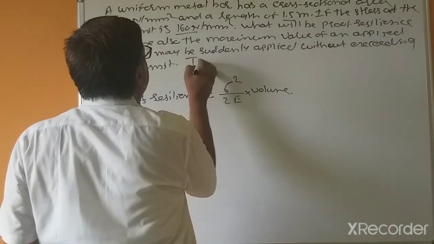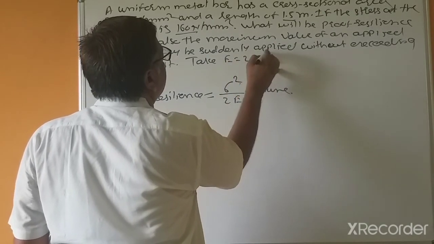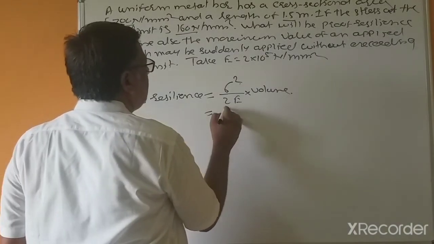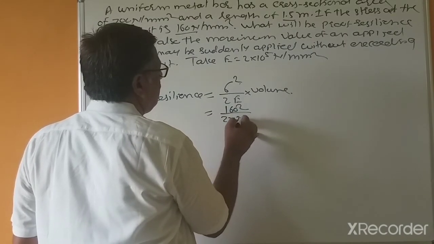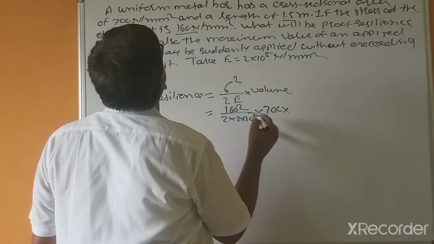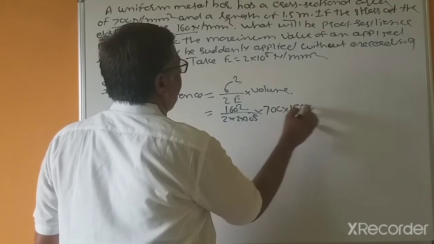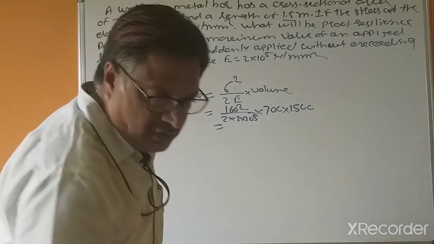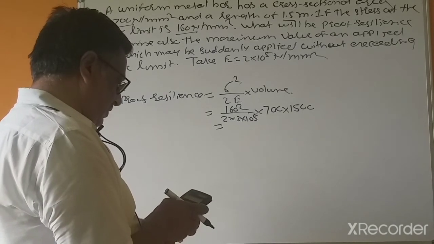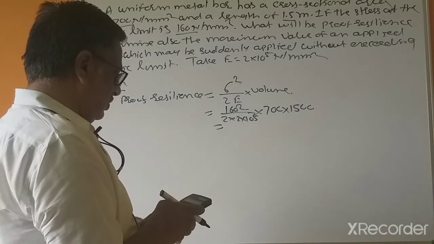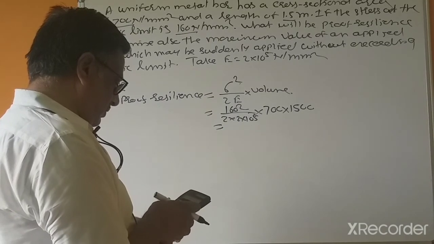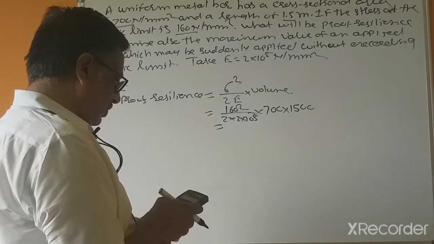Here take E equal to 2 into 10 to the power 5 Newton per mm squared, sigma is 160, volume equals area 700 times length 1500. So proof resilience equals 160 squared multiplied by 700 multiplied by 1500 divided by 2 into 10 to the power 5.